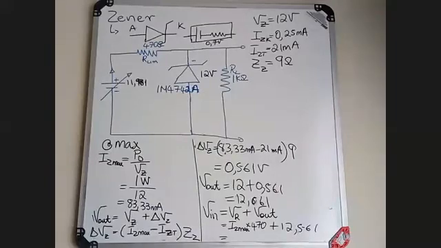Am I getting this correctly? No. 83.33 minus. Are we getting the same value?